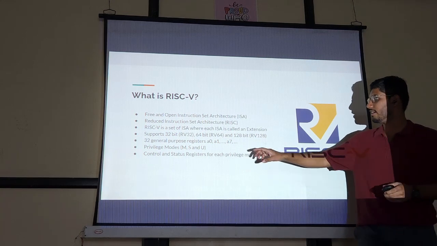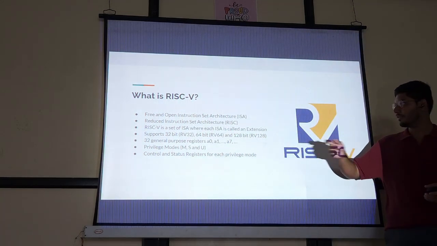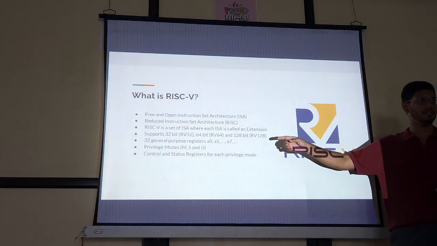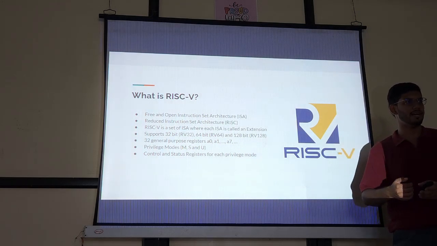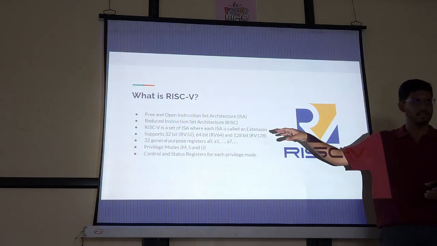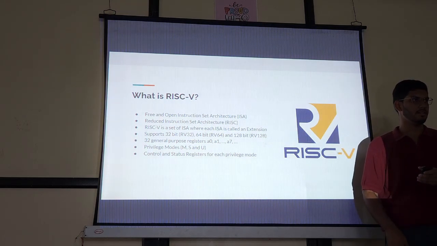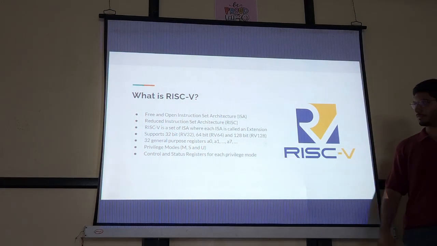The difference between these is that the registers inside the processor will be of 32-bit length, 64-bit length or 128-bit length, so all three are different. Just like your RAM size, I have 16 GB RAM, I have 32 GB RAM. Similarly, your 8051 is an 8-bit processor. So this is 32-bit, 64-bit, and 128-bit.